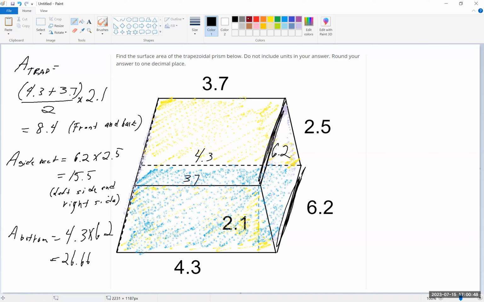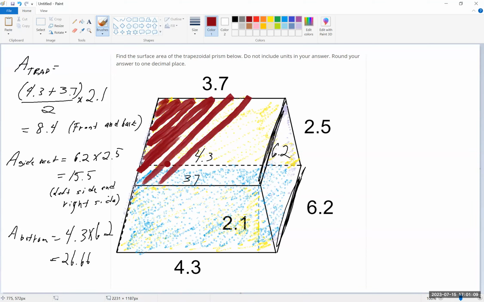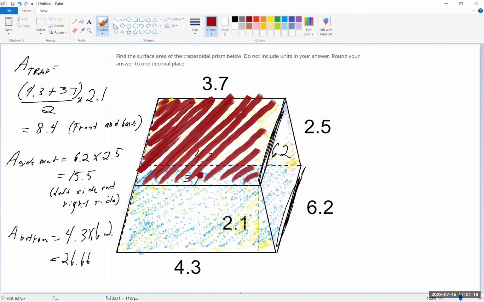And so what we're looking at finally is the top rectangle. And that's 3.7 times 6.2.